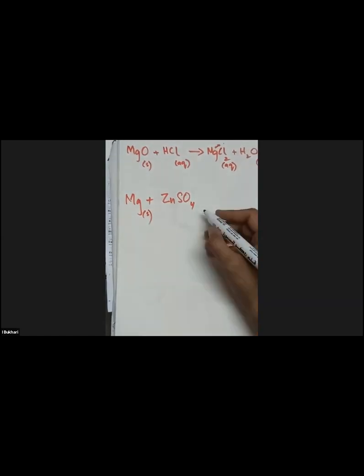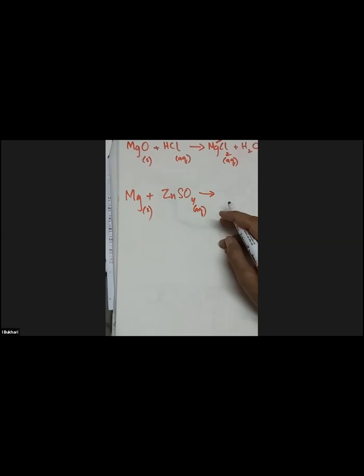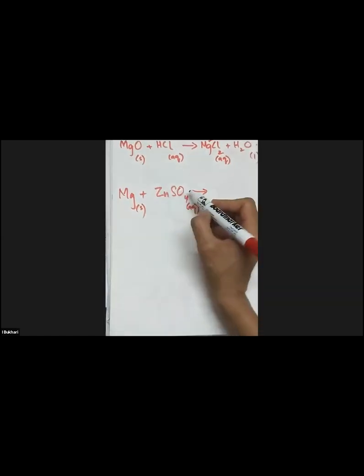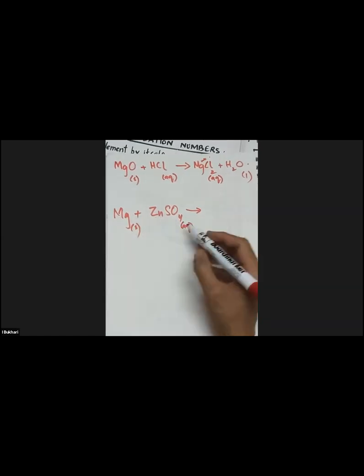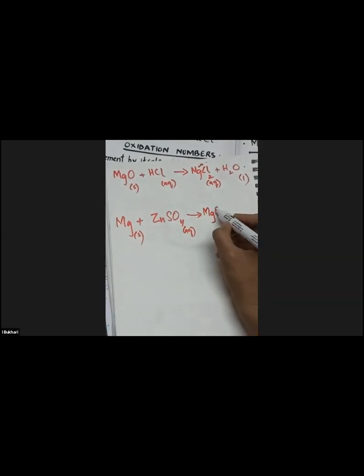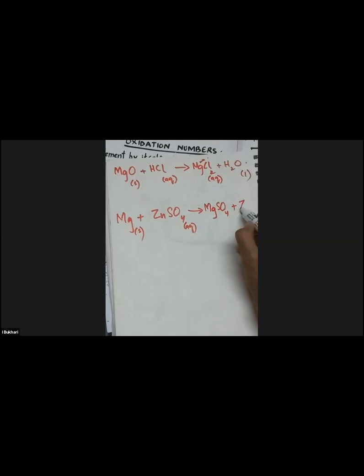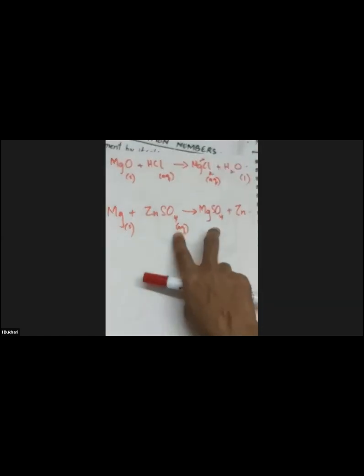This is not barium, calcium, or lead, so this must be aqueous, giving us magnesium sulfate. So magnesium is displacing zinc because magnesium is more reactive. So magnesium sulfate, and zinc is kicked out. So this is a displacement reaction, a single displacement reaction.